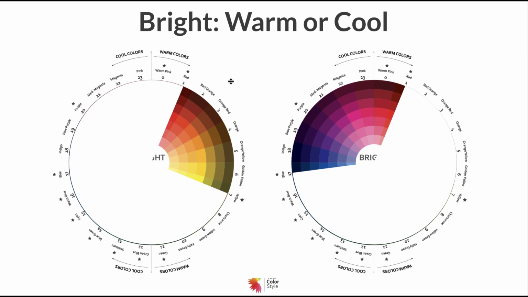So in the bright color wheel, you can see here from a warm red, a red orange, to a golden yellow. And some of these colors in this range here, these are going to only be flattering on someone that has warm undertones, and not flattering pretty much at all for someone with cool undertones.